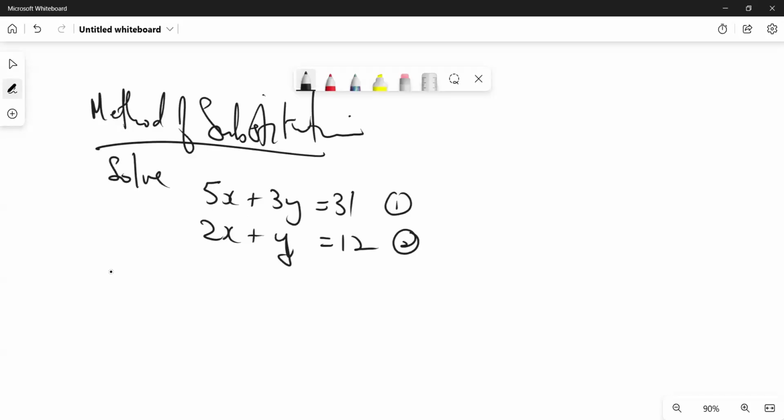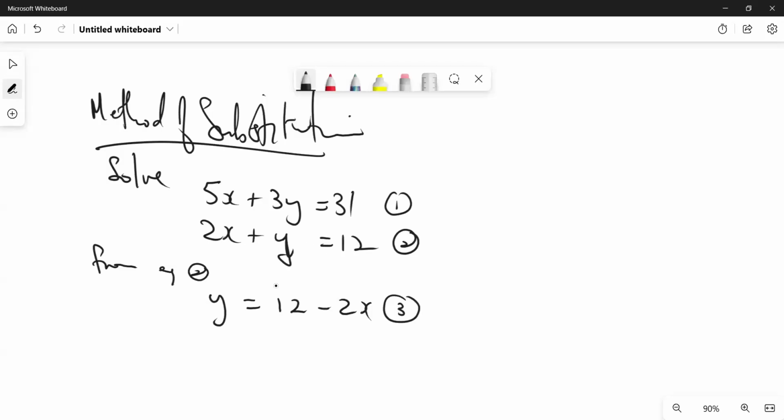So from equation 2, y will be equal to 12 minus 2x. See if you see that. If I take this 2x over here, I get 12 minus 2x. So I got a value for y. I'll call this equation 3. Do you see that?